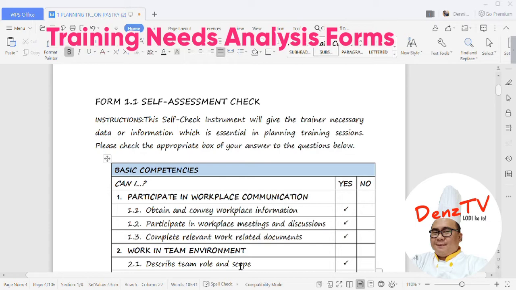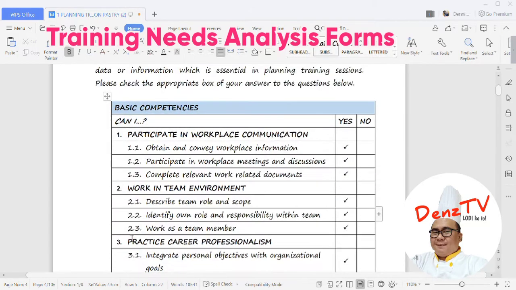Training needs is another important data that you need to collect as a trainer, so that you will be able to identify the skills and competencies needed by individual trainees.